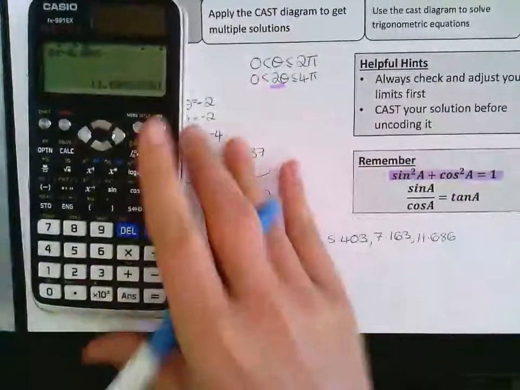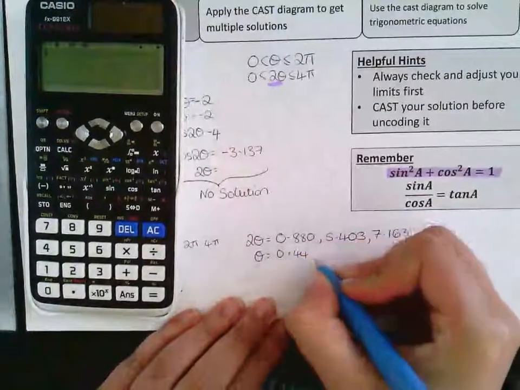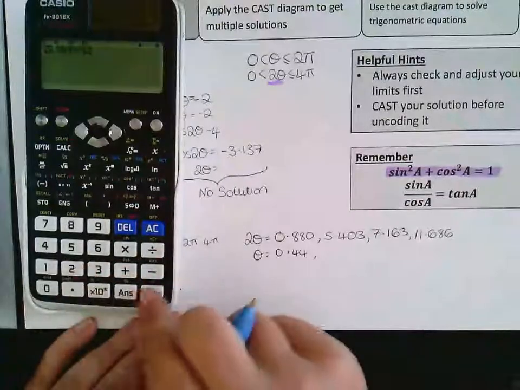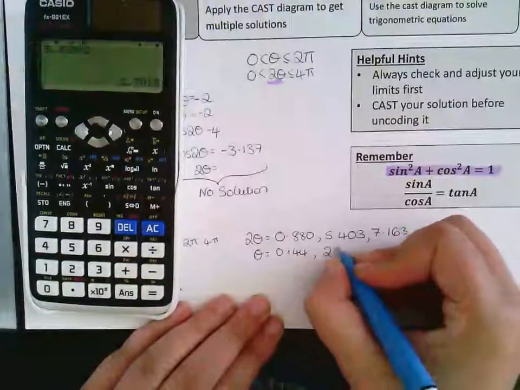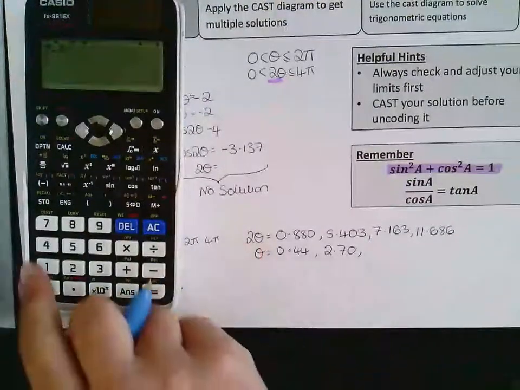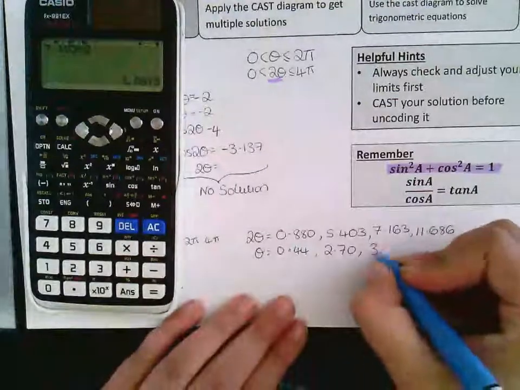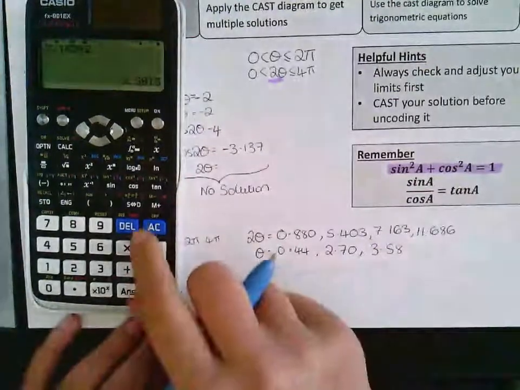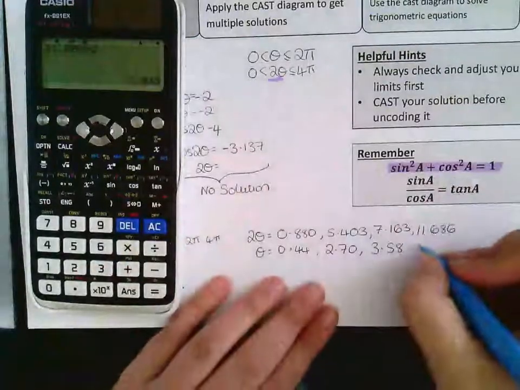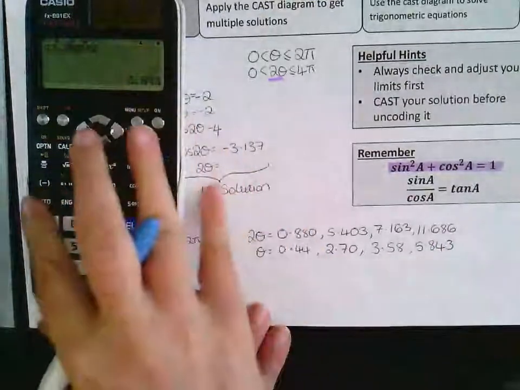So theta to 2 decimal places. It's now when I round it. I don't round it too early. And I'm dividing each of them by 2 because it's got 2 theta just there. And here are my 4 solutions.